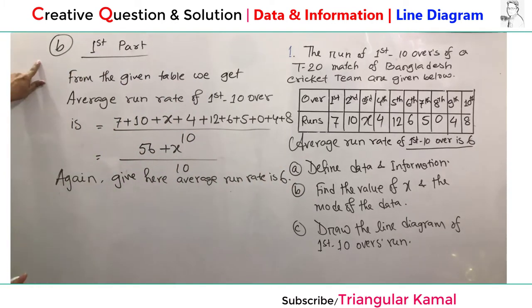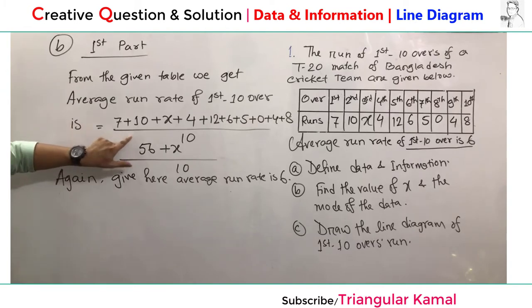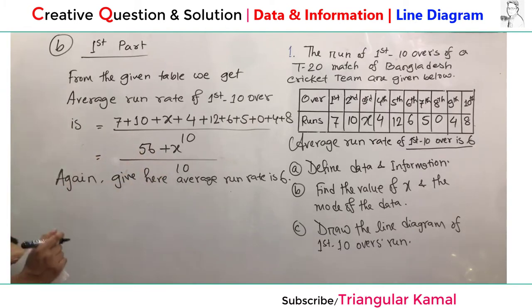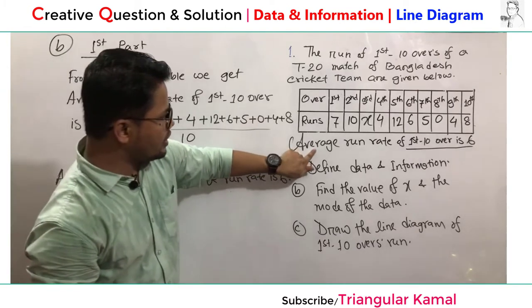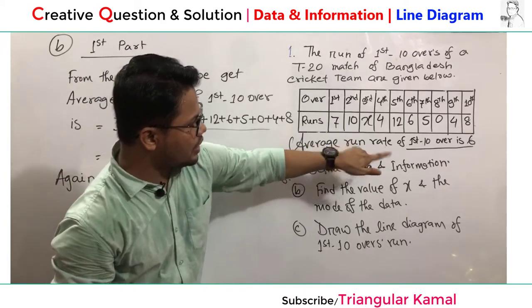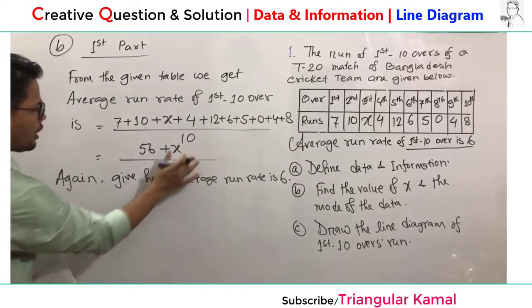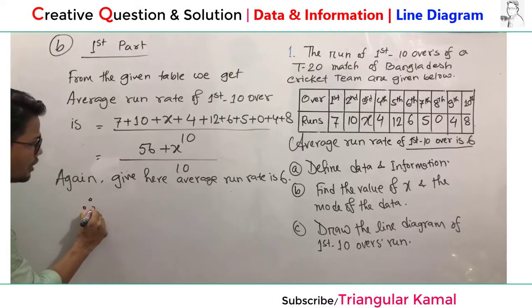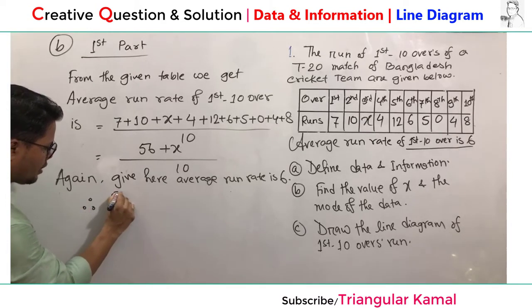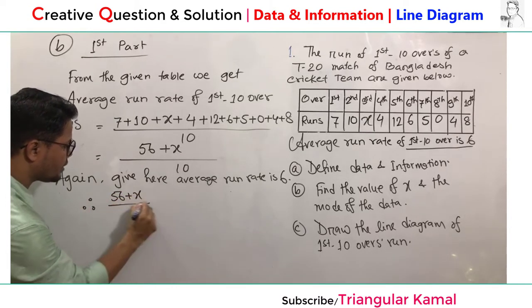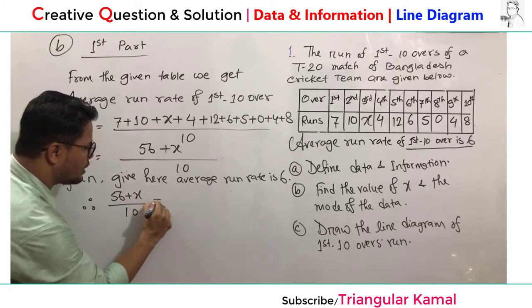From the table we see the average run is 56 plus x divided by 10. But in our system we see the average run rate is 6. So both are averages. From the question we can write here 56 plus x divided by 10 equals 6.